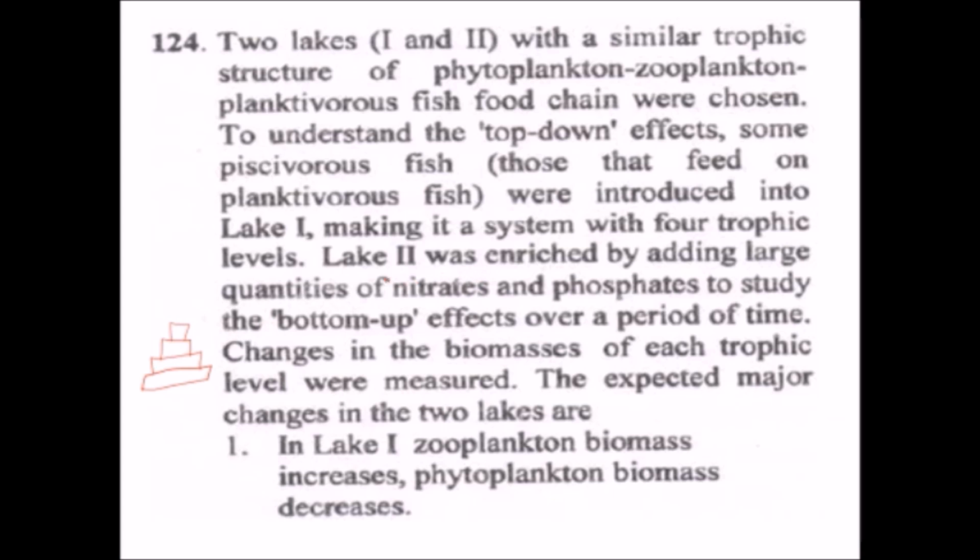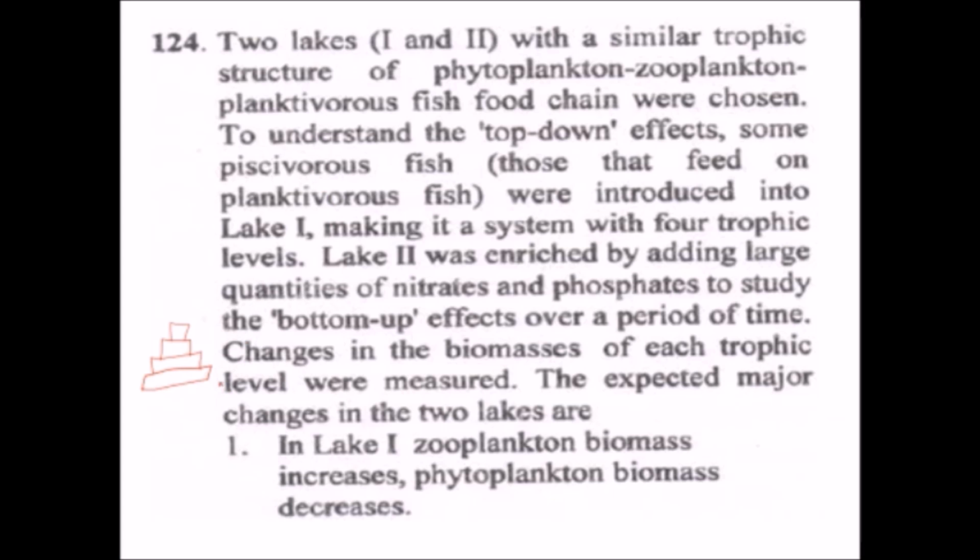Lake 2 was enriched by adding additional quantities of nitrates and phosphates to study the bottom-up effect. Lake 1 is to study the top-down effect and Lake 2 the bottom-up effect over a period of time. Changes in the biomass of each trophic level are measured.